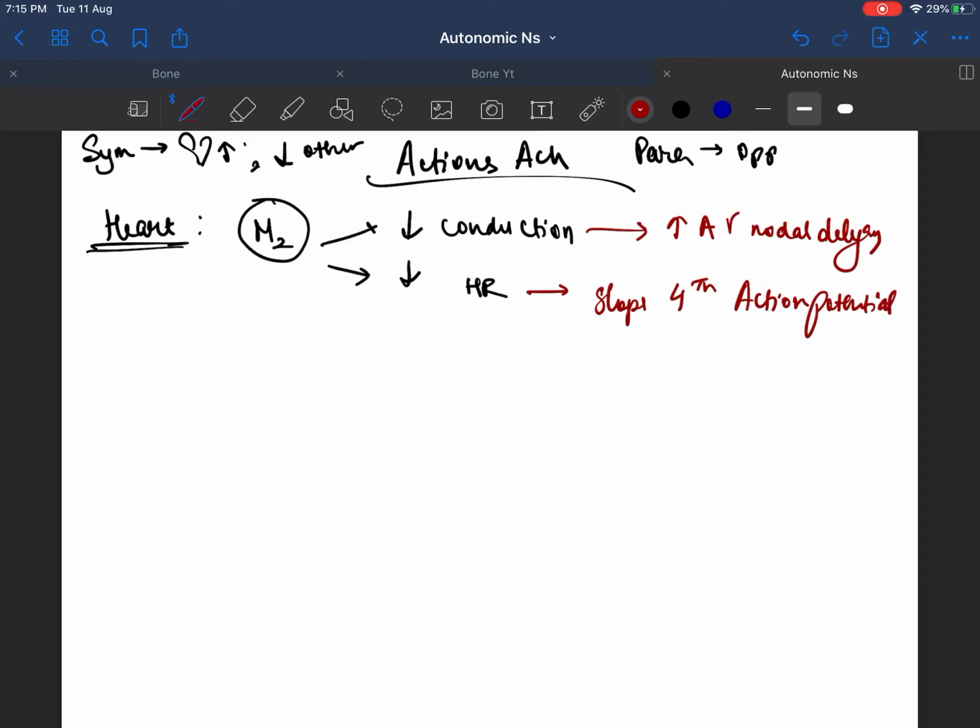So in general, when acetylcholine stimulates the M2 receptors, it leads to heart rate reduction and decrease in conduction. So we can just remember it leads to depression of the heart.